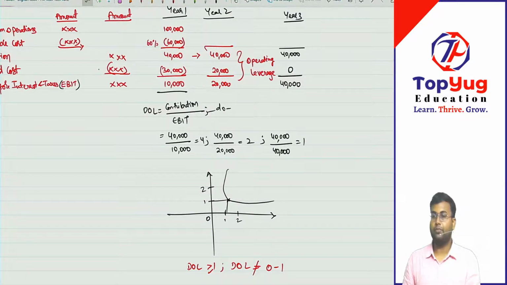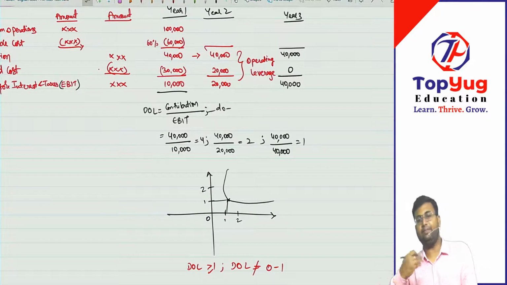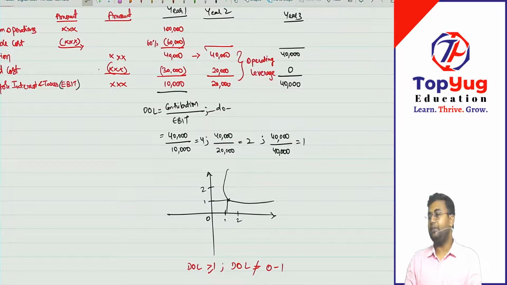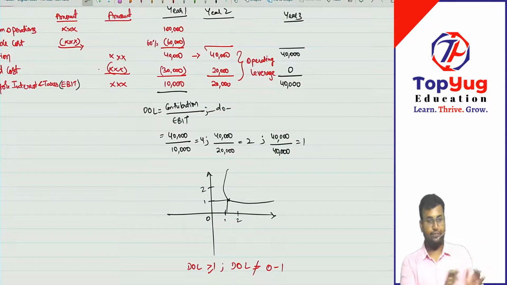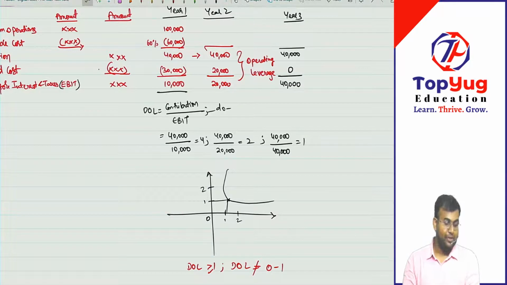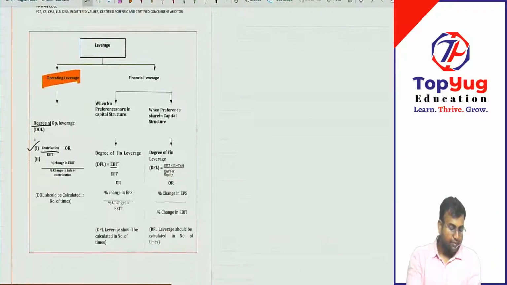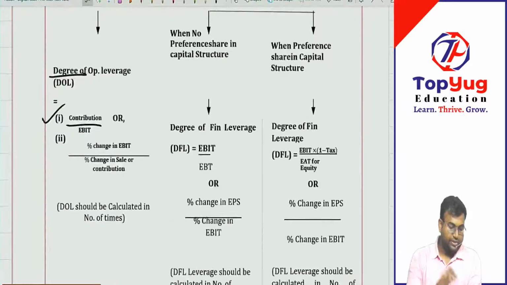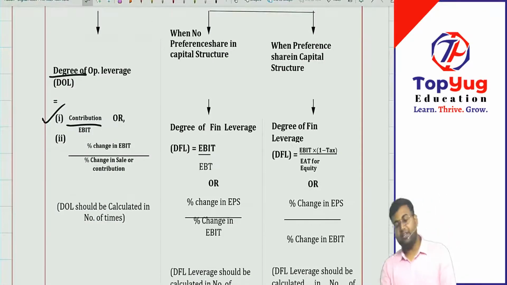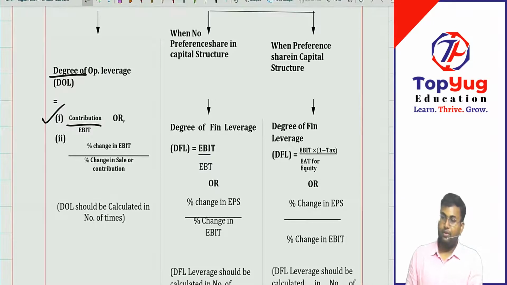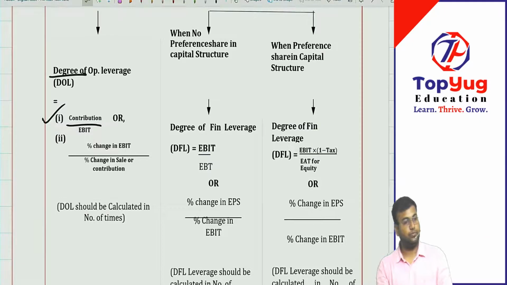Are we all good? Let us see one more way of calculating the operating leverage. This is one way. Let us see one more way. Done, guys. Okay. Come here. In the same chart only, he mentioned the degree of operating leverage could be contribution by EBIT, or what is the second formula?